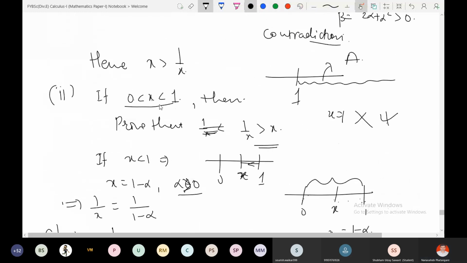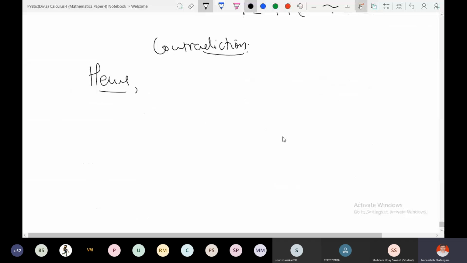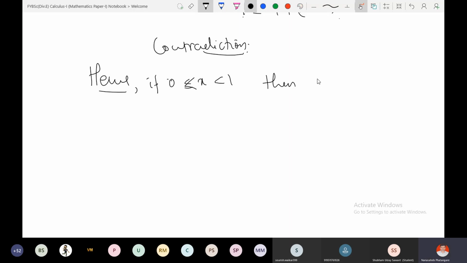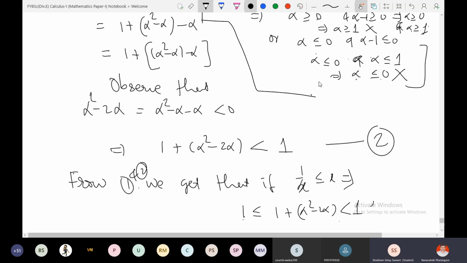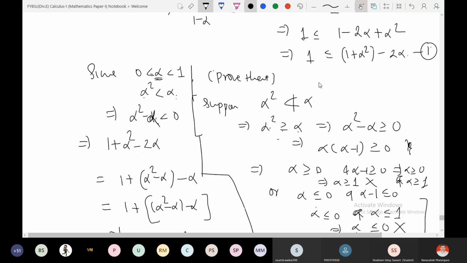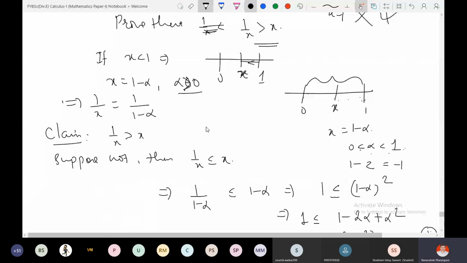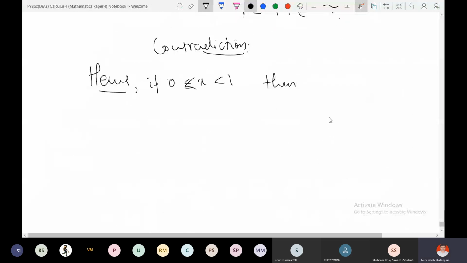Hence, if 0 less than x less than 1, then 1 by x is greater than x. If 1 by x were less than or equal to x, for such x that gives us a contradiction. And therefore, we have to accept that if 0 less than x less than 1, then 1 by x is greater than x. That's fine.